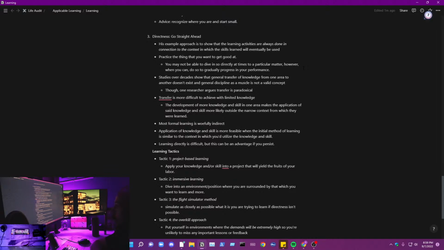Studies over decades show that general transfer of knowledge from one area to another doesn't exist, and general discipline as a muscle is not a valid concept. Though one researcher argues transfer is paradoxical.